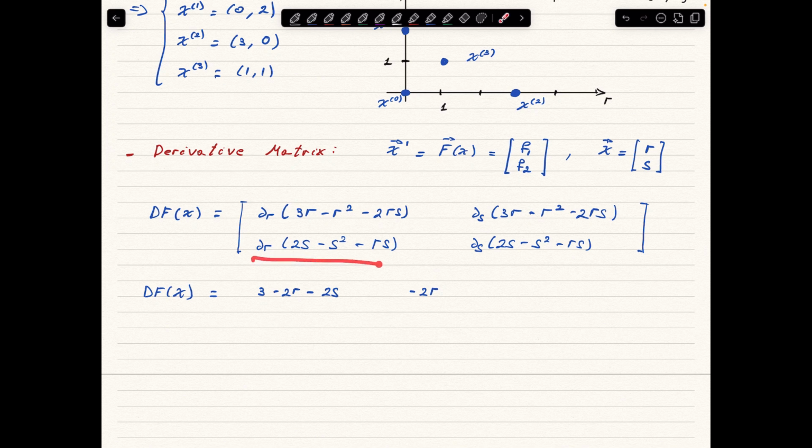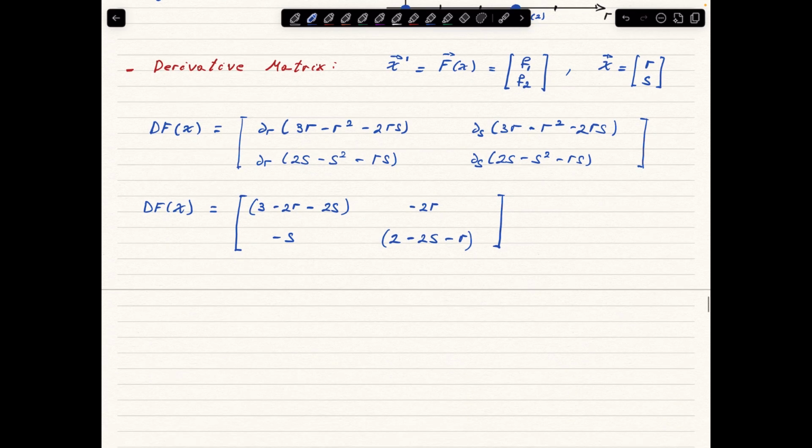Now here the derivative with respect to R kills these two terms, and we have only negative S. And in the last component, derivative with respect to S, we have 2 minus 2S minus R. And here is the derivative matrix. Let's put some parentheses here to indicate that this is the whole component.